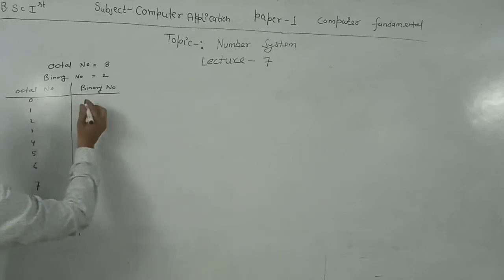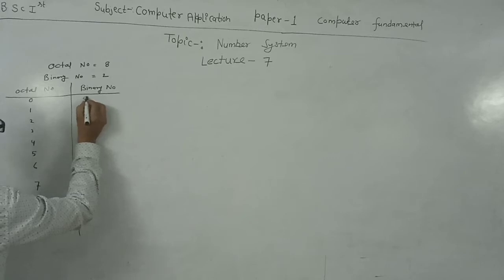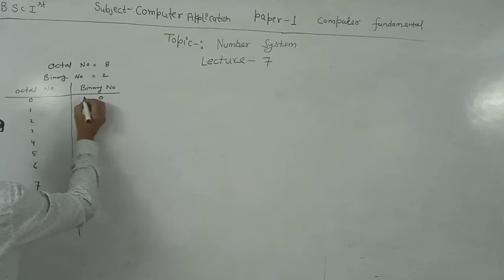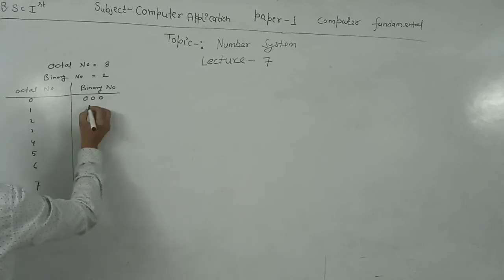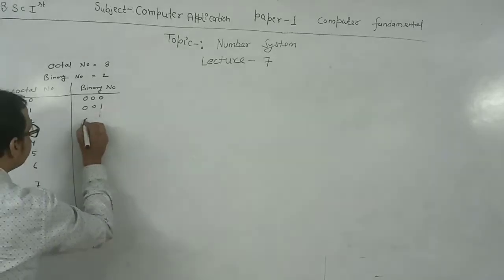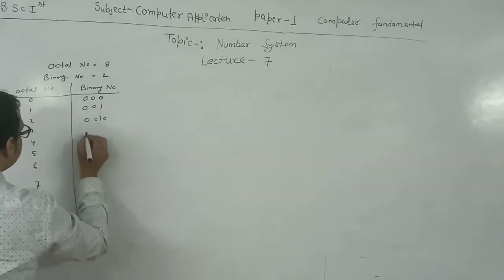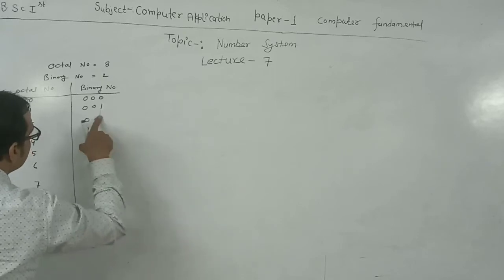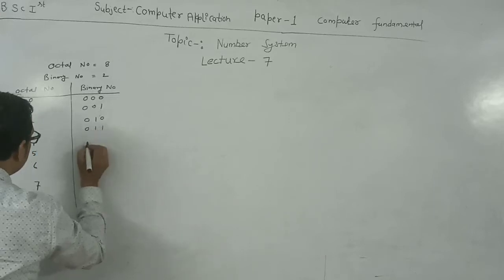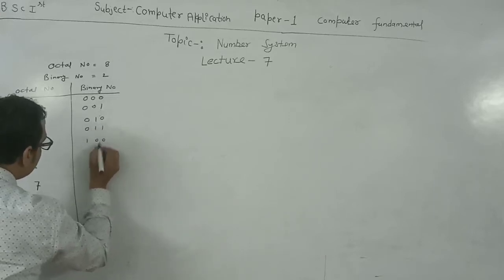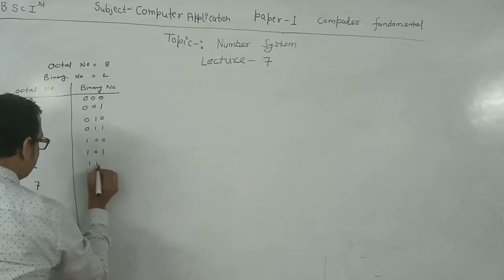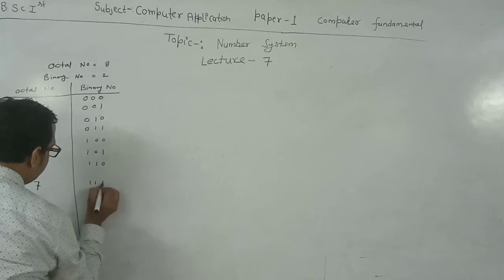So 0 in octal is 000 in binary, 1 is 001, 2 is 010, 3 is 011, 4 is 100, 5 is 101, 6 is 110, and 7 is 111.